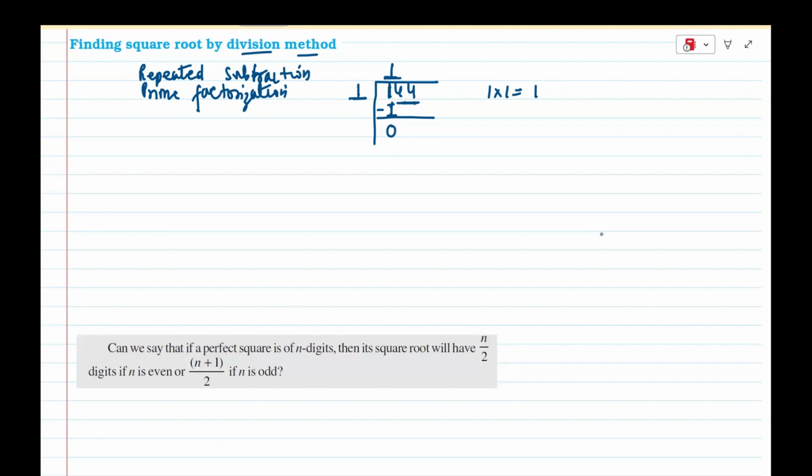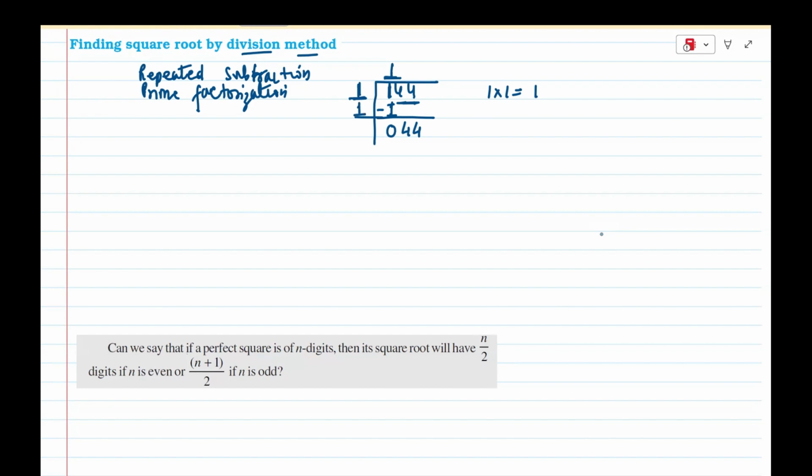Now what we do? We take the next one digit in regular division. But here we take two digits together, the one we have paired. So I'll take 44. Now one more thing we do here is the divisor and the last digit of quotient, I need to add it here.